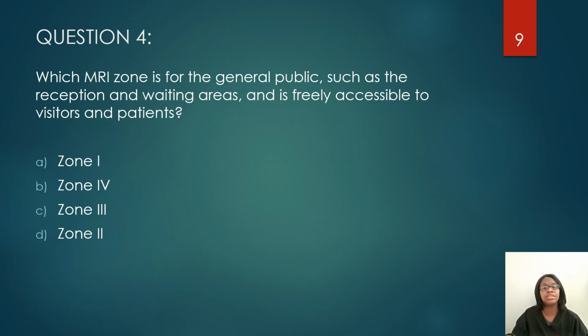Which MRI zone is for the general public, such as the reception and waiting areas, and is freely accessible to visitors and patients? You have your zone 1, zone 4, zone 3, or zone 2.